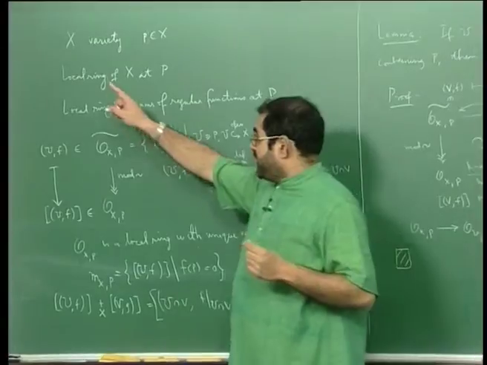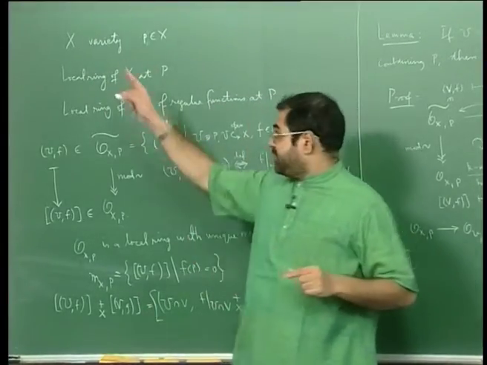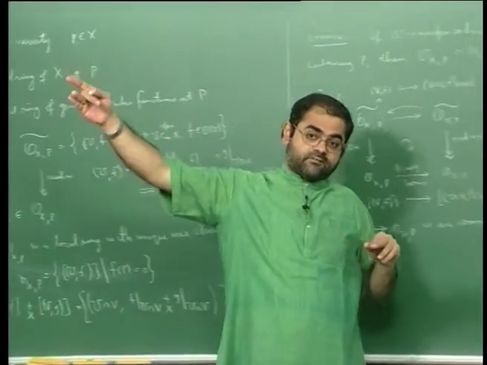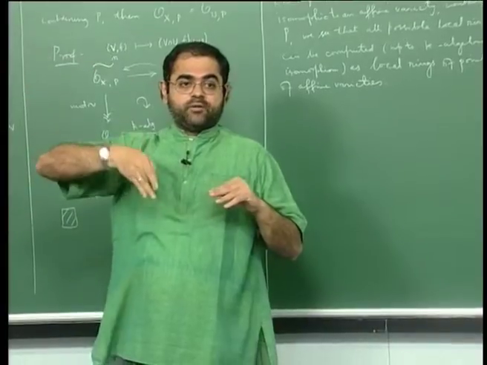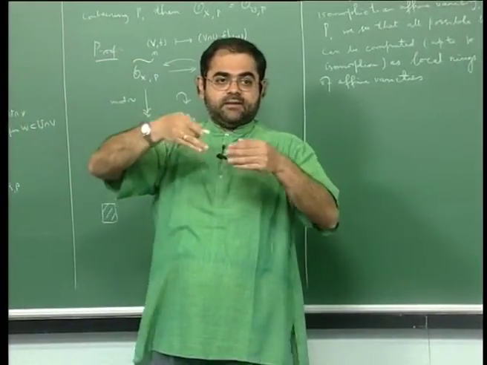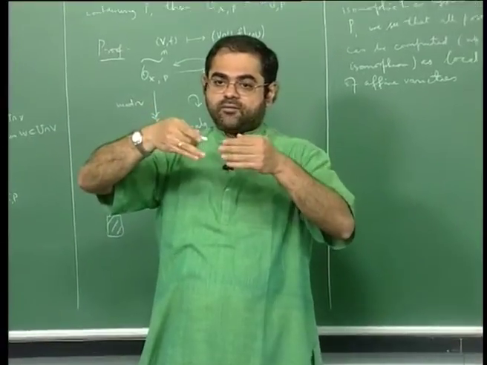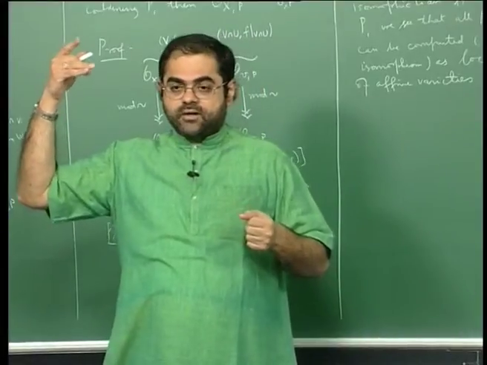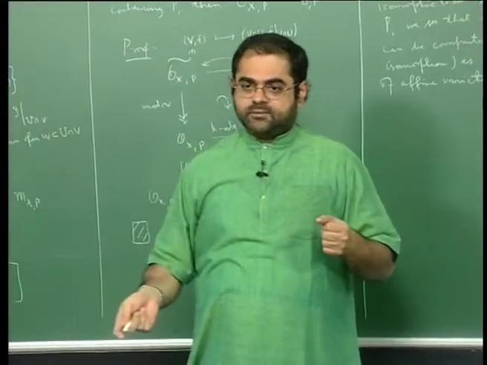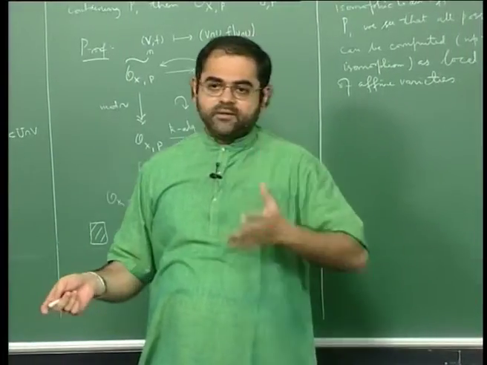If you have a variety and a point, then you have the local ring at that point. If this variety is isomorphic to another variety, and under this isomorphism this point goes to another point, then this isomorphism will automatically induce an isomorphism of the local ring of the source variety at the source point with the local ring of the target variety at the target point.